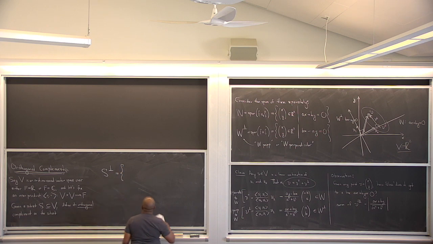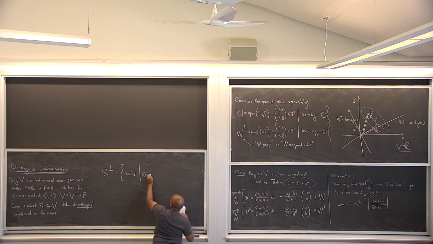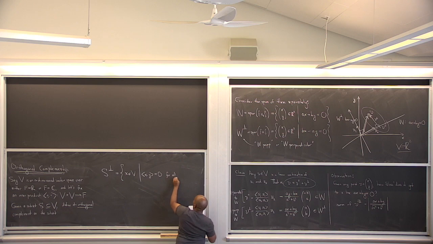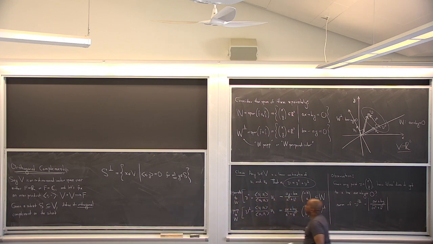So this here will be the set of vectors such that this inner product is 0 for all y in S. So this here is exactly this picture up here.